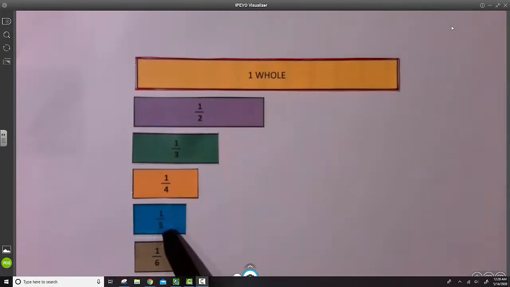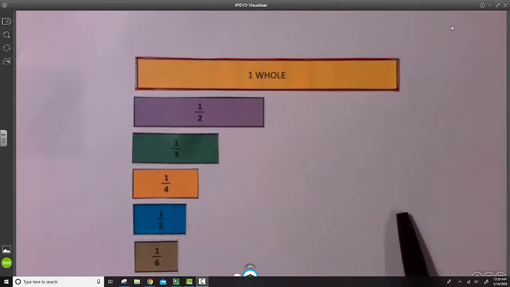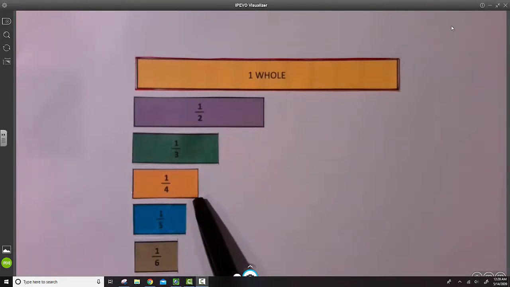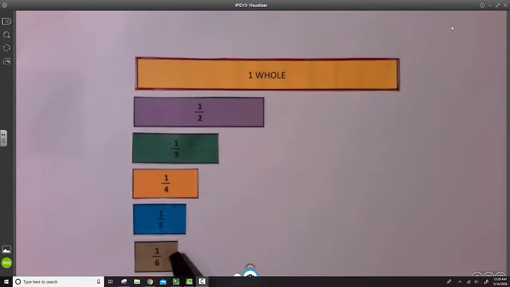The 5 in the denominator position tells us there would be 5 equal parts to make a whole. But we also see that, again, 1/5 is smaller than 1/4. The same holds true for 1/6. 1/6 is smaller than 1/5. There would be 6 equal parts to make a whole.